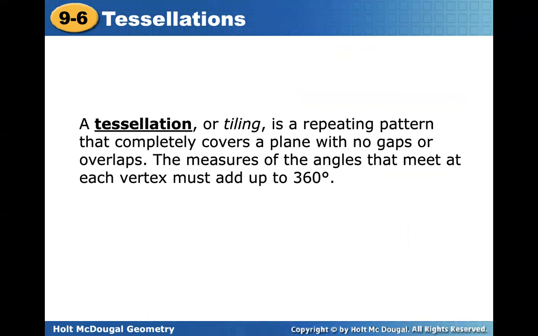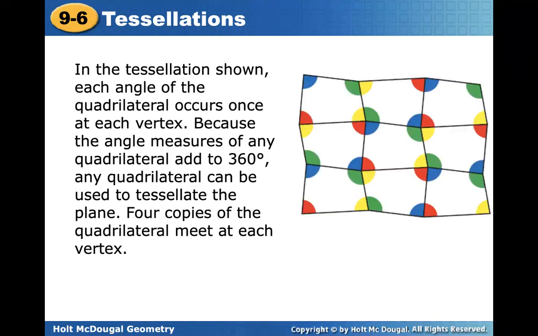The measure of the angles that meet at each vertex must add up to 360 degrees. So in the tessellation shown, each angle of the quadrilateral occurs once at each vertex because the angle measures of any quadrilateral add up to 360. So what they're trying to say here is this quadrilateral has 4 angles. And you see you have a blue, a green, a red, and a yellow.